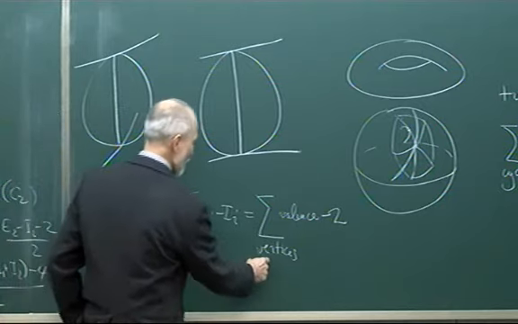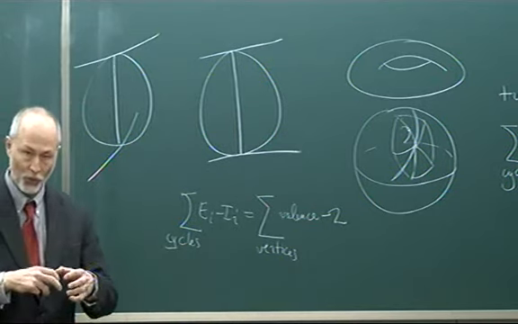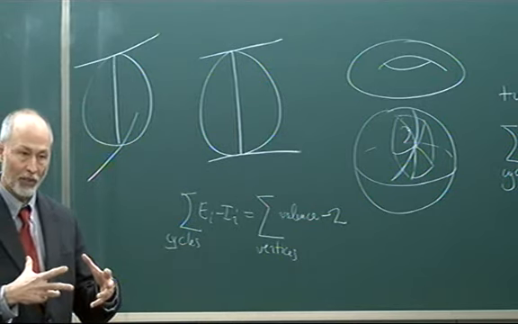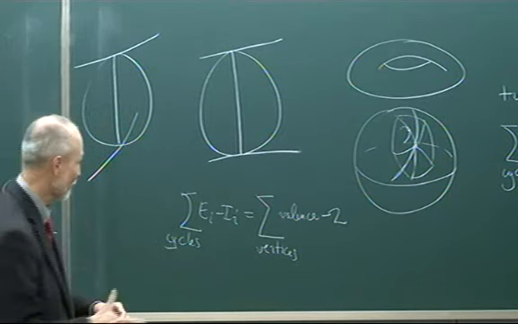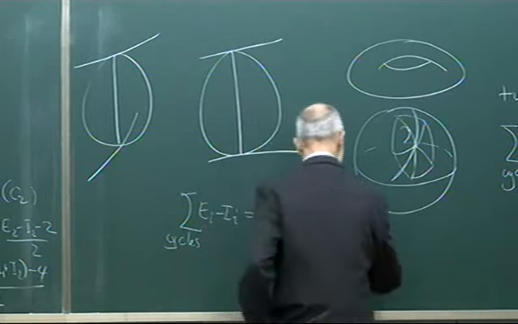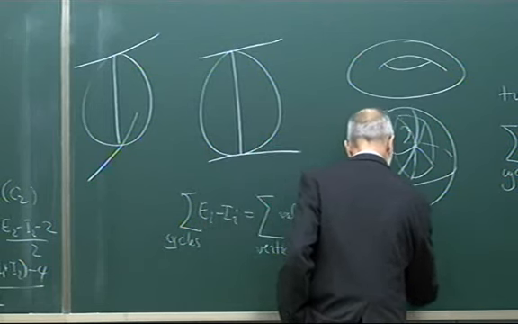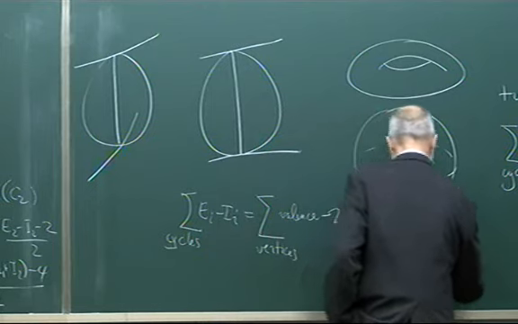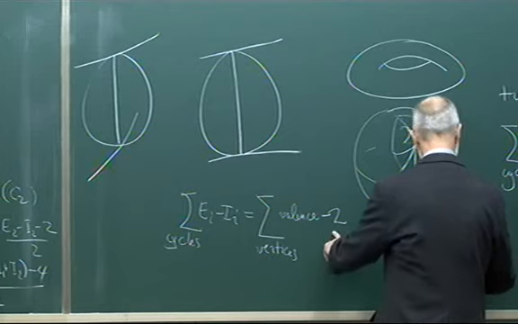Of course, if I count up the valence over all vertices, then of course that's equal to twice the number of edges. And so this sum becomes now twice the number of edges minus twice the number of vertices from the minus 2.